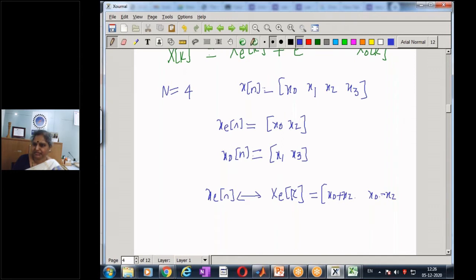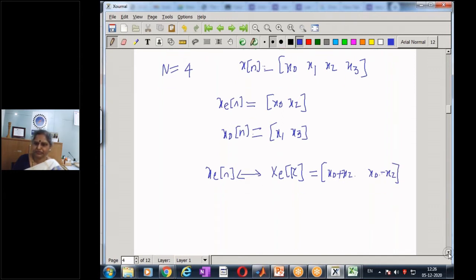We have seen how to compute a 2-point DFT. And similarly, x odd of n, the odd terms, has x odd of k as its 2-point DFT. And what is the 2-point DFT of the odd terms? This is going to be x1 plus x3 and x1 minus x3.